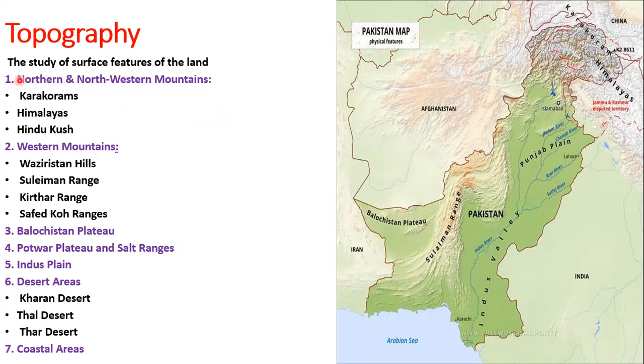Pakistan is one of the most blessed countries in the world, which contains all types of land varieties, resources, environment, and seasons, which make it a unique country in the world. So the topography of Pakistan is divided into 7 main regions.